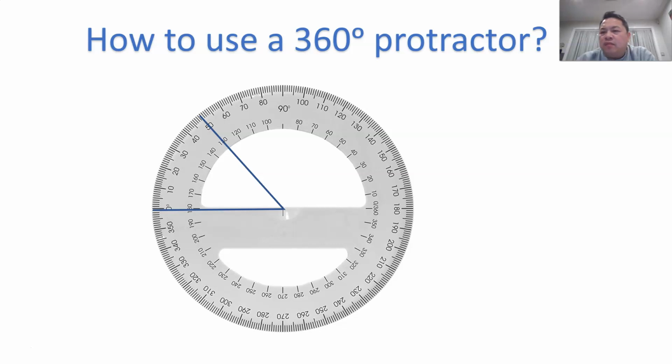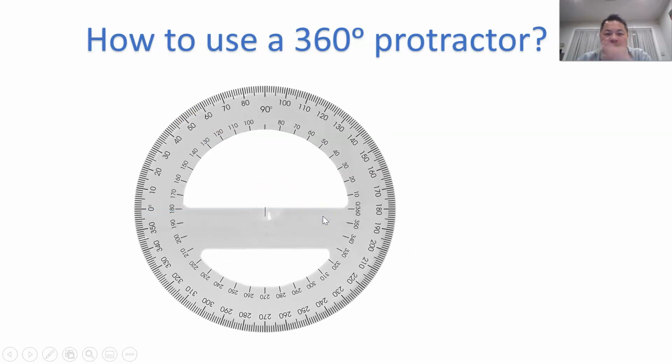An estimated size of this angle is 50 degrees. Why is it 50 degrees and not 130 degrees? Because, to recap what we covered in term 1, this is an acute angle, and therefore we look at the angle that is less than 90 degrees, which is 50 degrees over here.